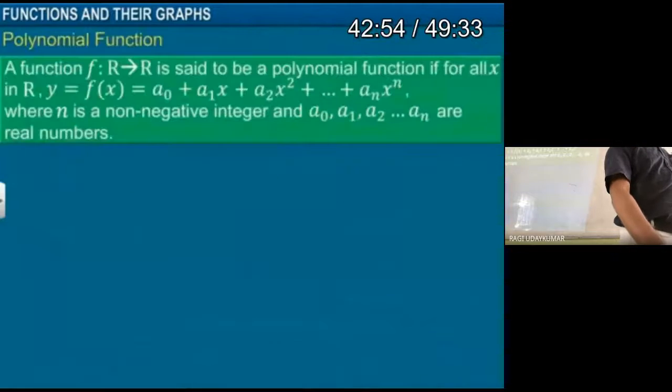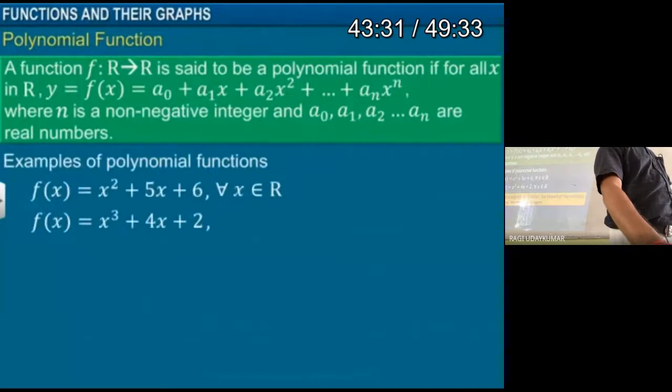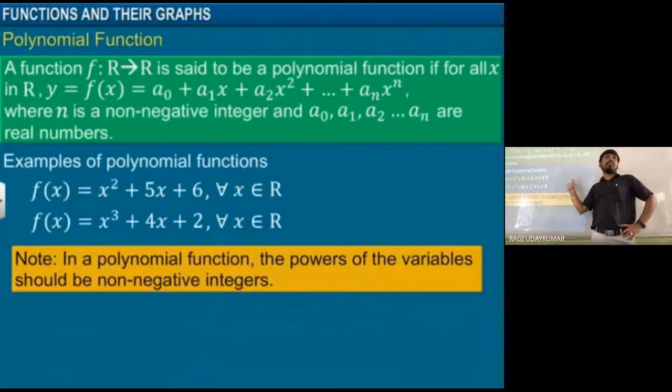Next, the polynomial function. Like a linear polynomial, quadratic polynomial, cubic polynomial, whatever the polynomial, if it is given to you, that is called a polynomial. Like this, f of x equal to x square plus 5x is a quadratic polynomial, then a cubic polynomial.